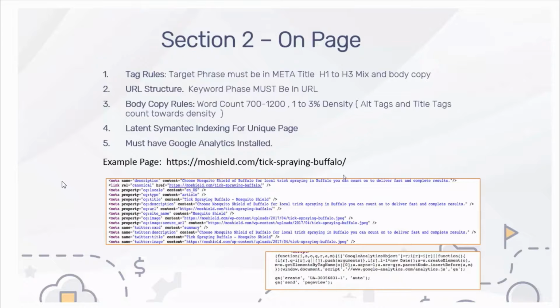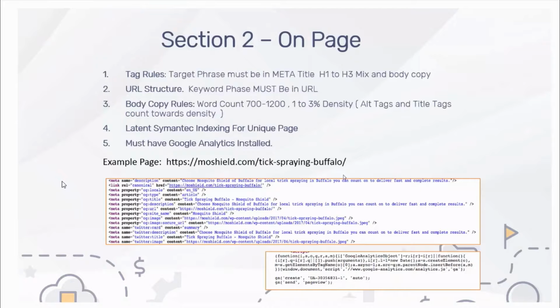And in that unique page of tick spray Buffalo, we want to include the term in the meta tags, meta title. That's the title we see on the top of a page where we browse, in headers, in titles, big titles on the page, and in the body copy.